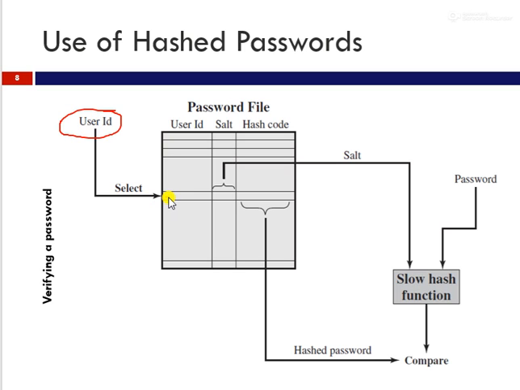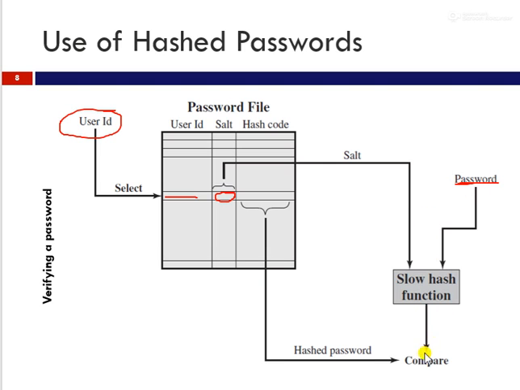Okay, let's suppose the match occurs. So this is the user ID that the user provided. Then we take the salt value that is already stored in this database, and we give this salt value as input to the slow hash function along with the password provided by the user.